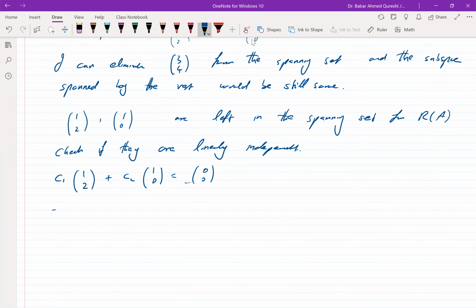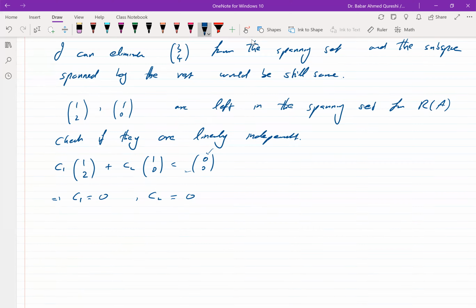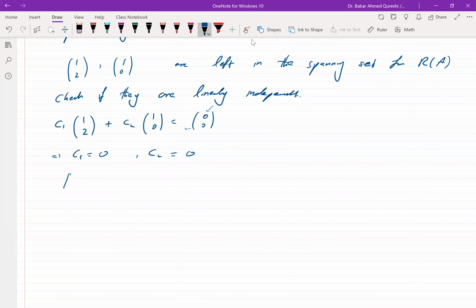The only possibility is C1 has to be 0, but once I put C1 equal to 0 to get 0 here, I must have C2 equal to 0. So I must have both these constants equal to 0 to produce a 0 here. This means that they are indeed linearly independent. So I cannot eliminate further.